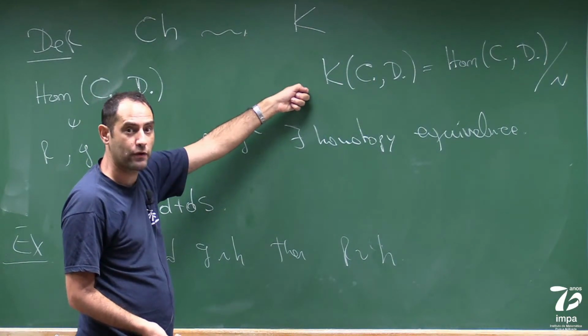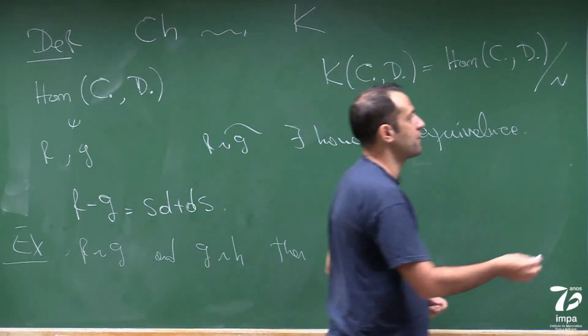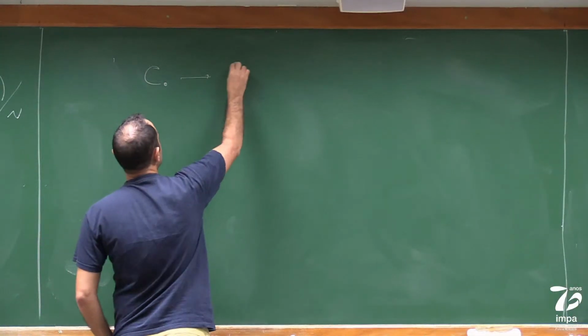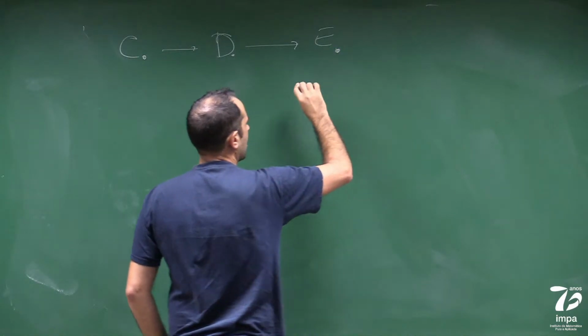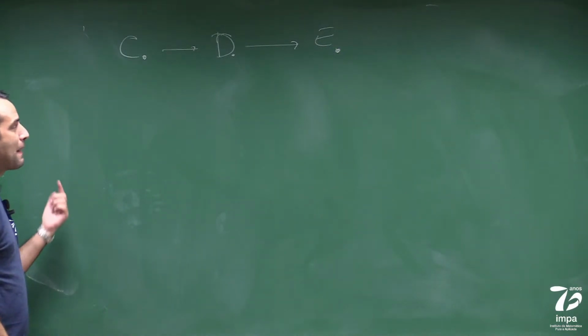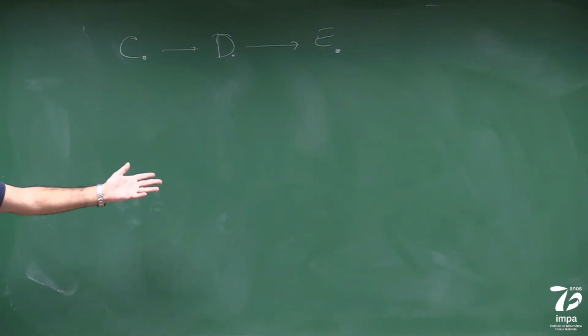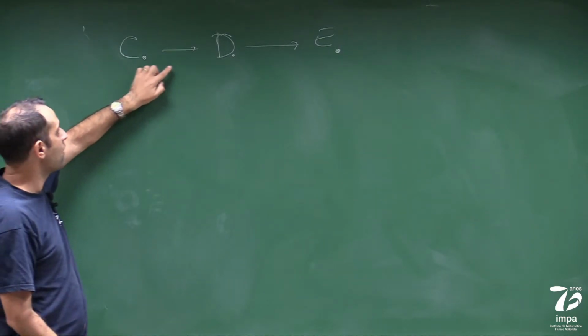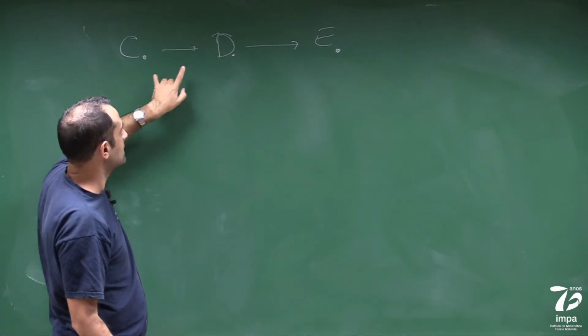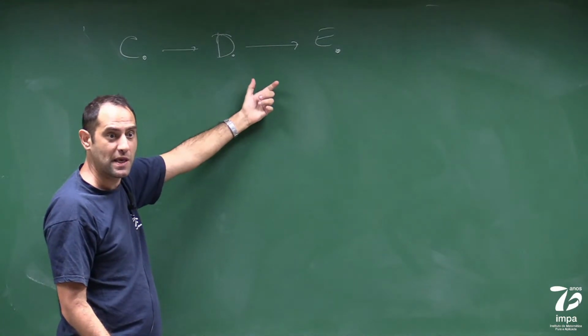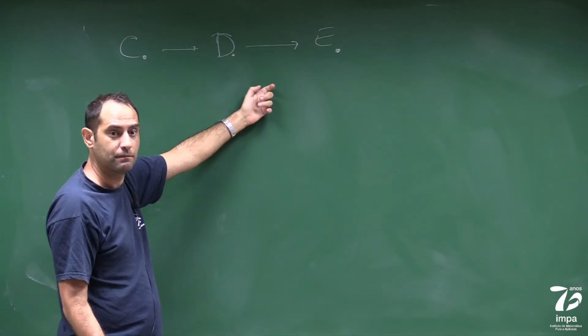So I want this to be a category. If I have a map from C to D and from D to E, as maps of complexes I can compose them on the nose. But if I only have the homotopy class of a map, I need to check that I take representatives, compose them, and that's a good composition.